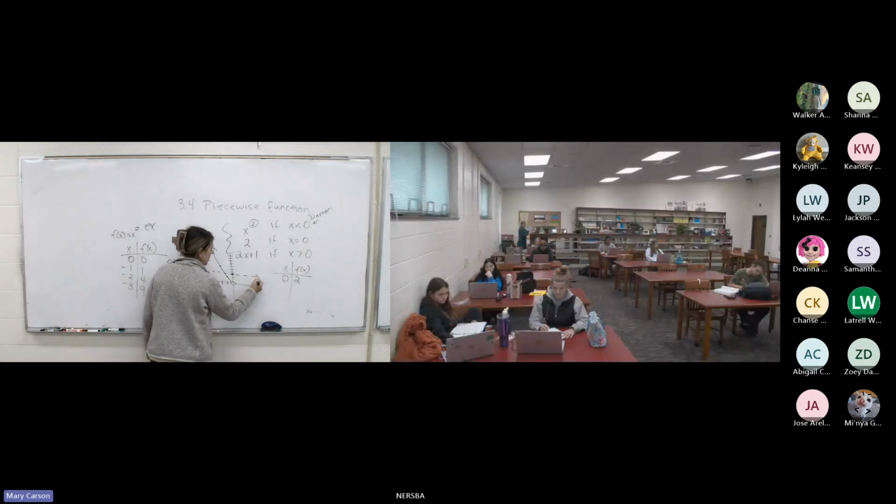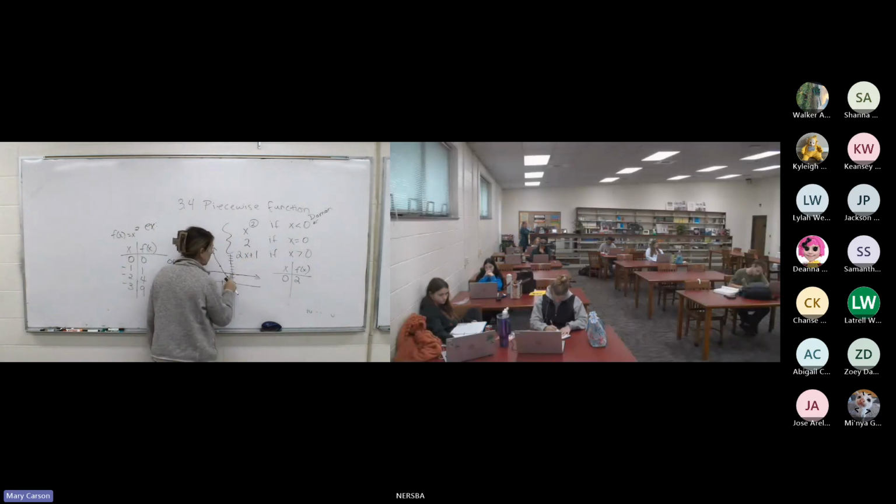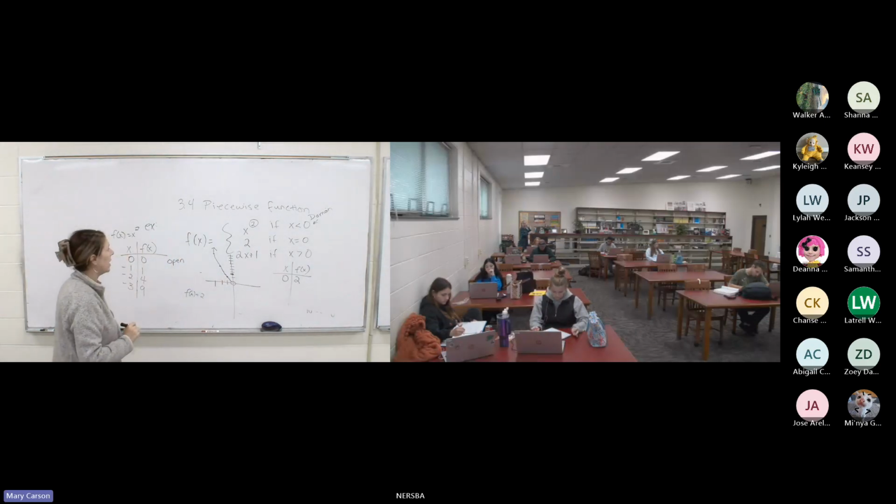It would be a line. If you put f of x equals 2, it would be y equals 2. It would be a line. But because we have this x equals 0, we only want this point here. Does that make sense? Everybody getting this in their book? All right, that's for that one.